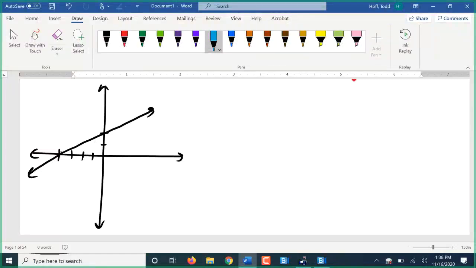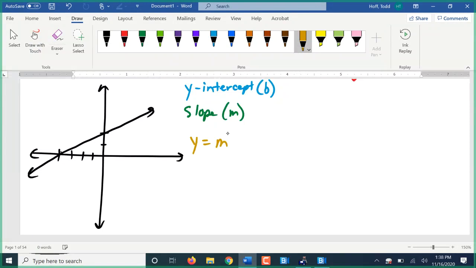Only two pieces of information we need for the equation. One is that y-intercept, which we abbreviated with a b. The other is the slope, which we abbreviated with the letter m. The equation will then take the form y equals mx plus b. Slope times x plus the y-intercept.